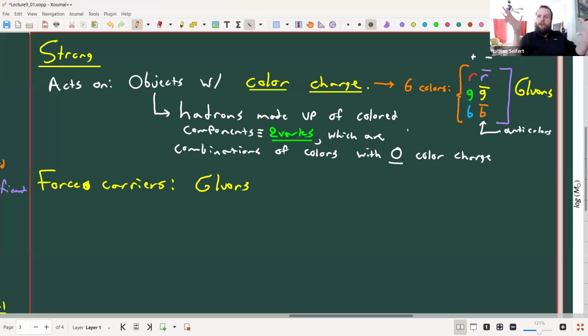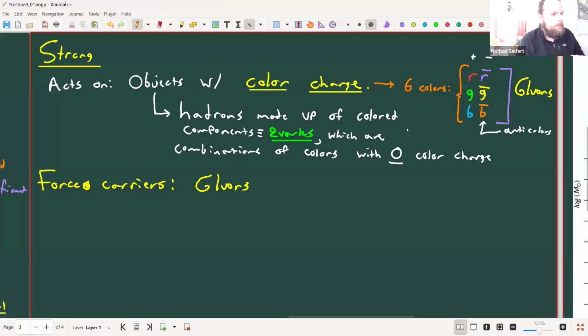And gluons come together to make quarks, and they have to come together to make the quark's color total zero.